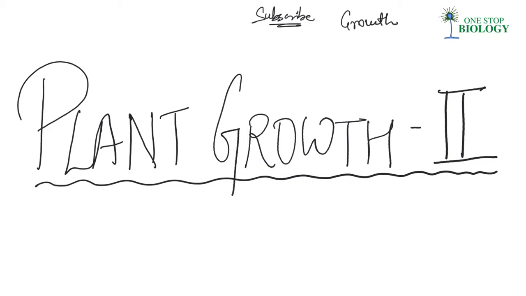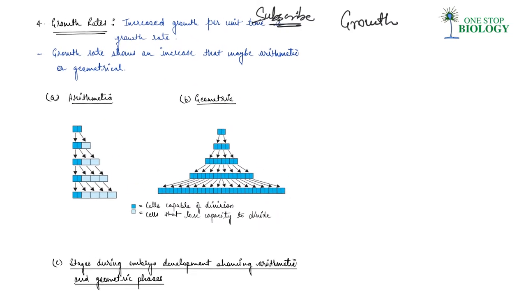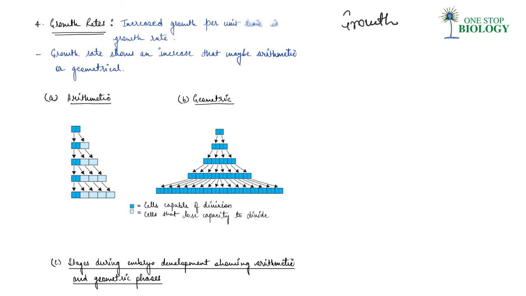So guys, let's start off with the next point of plant growth, which is growth rate. We'll understand what exactly growth rate is. Basically, growth rate is nothing but the increase in growth per unit time.